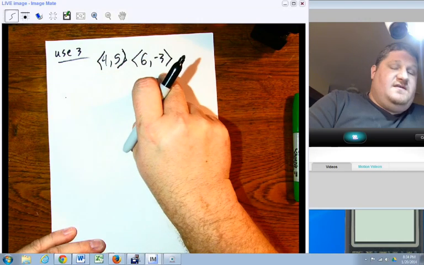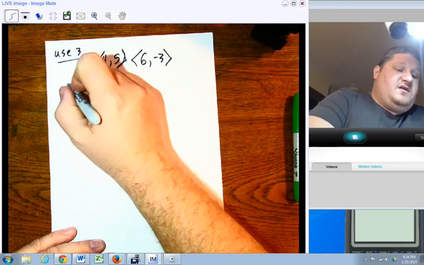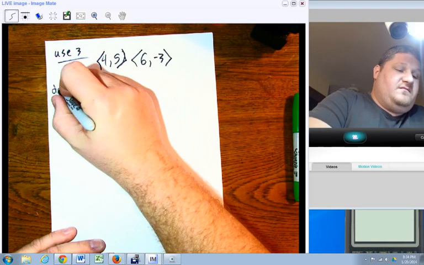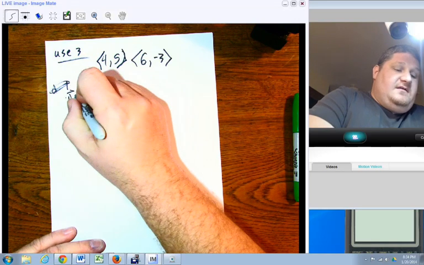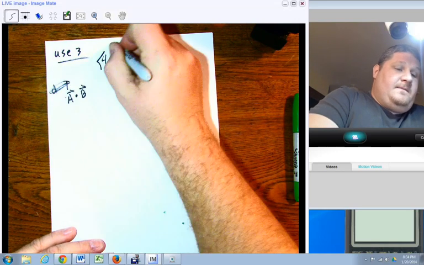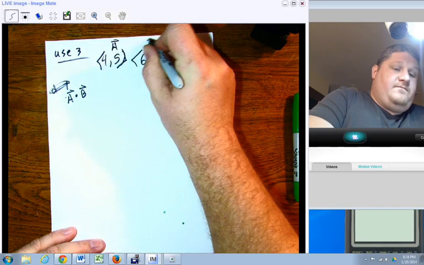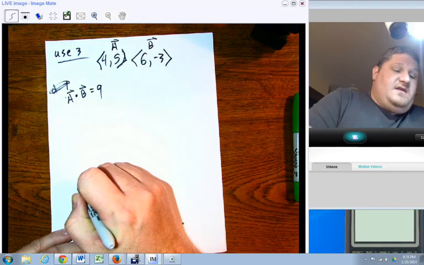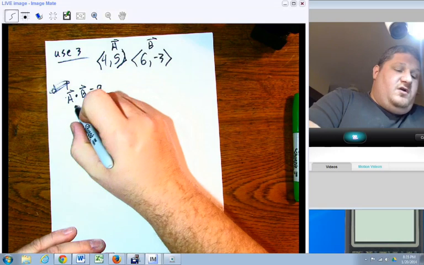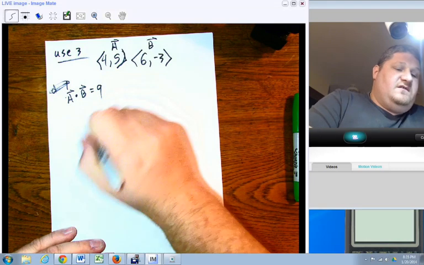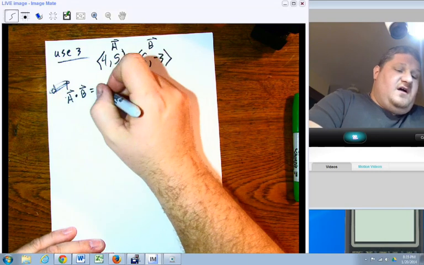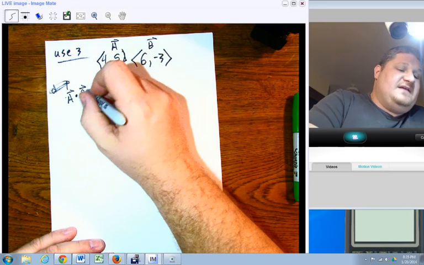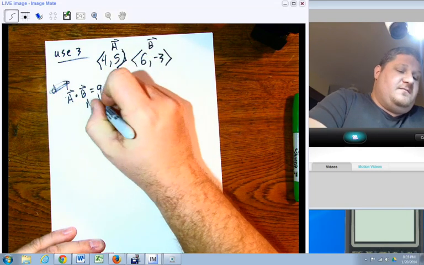Well, we did the dot product, and the dot product from the previous, a dot b, was 9. Now, if I were to get a dot product of 0, these two vectors would be perpendicular. Since this dot product is 9, we know it is not perpendicular.